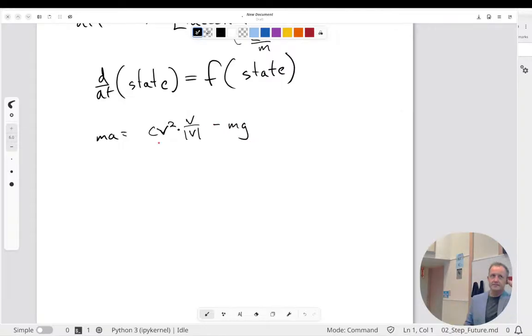Drag is always going to oppose our motion. So if we're moving up, drag is pointing down. If we're moving down, then it's pointing up. So for a positive velocity, we have negative drag. For negative velocity, we have positive force of drag. So I'll get rid of the m's.